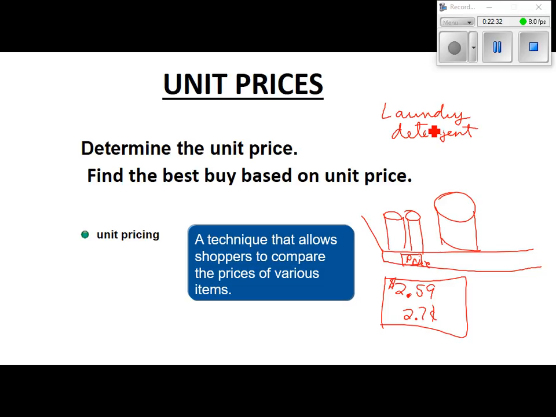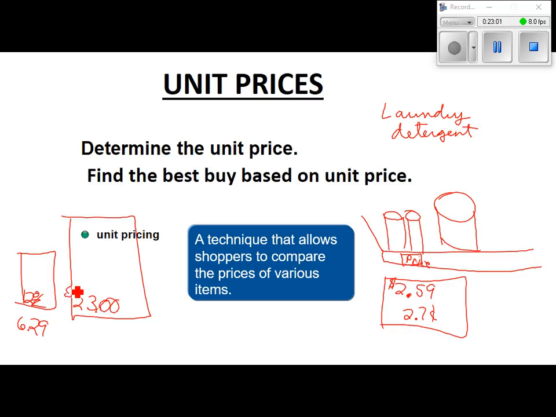But if you go in there, you'll have a little 12-ounce box, and that 12-ounce box will be something like $6, $6.29 or something. And then you'll look at a bigger box, and it'll be something like $23 or something. And everybody always thinks, oh, well, I got to be getting a better deal if it's the bigger box. You look at the laundry detergent, it doesn't work that way.